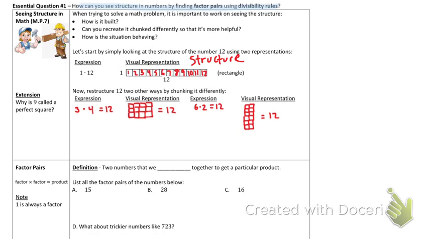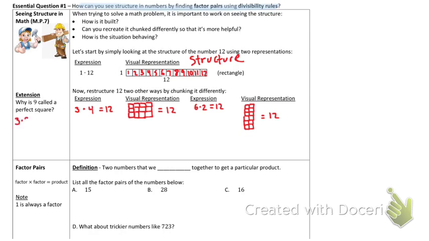So the next question I want you to think about is, why do we call 9 a perfect square? If you can understand this, you're starting to see the structure in multiplication. So I'm going to draw this out for you, and we're going to use structure to do it.